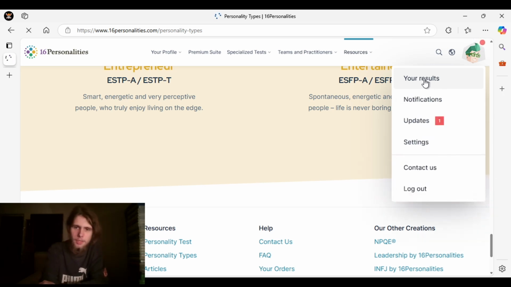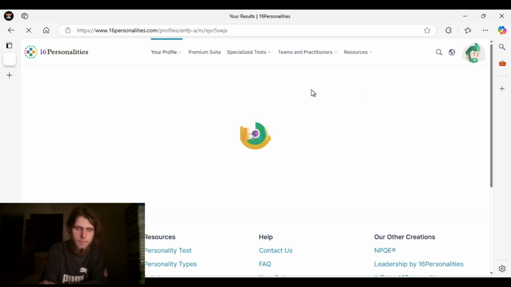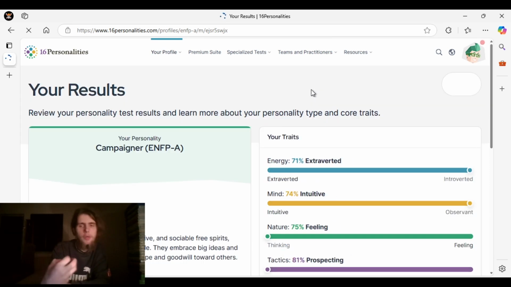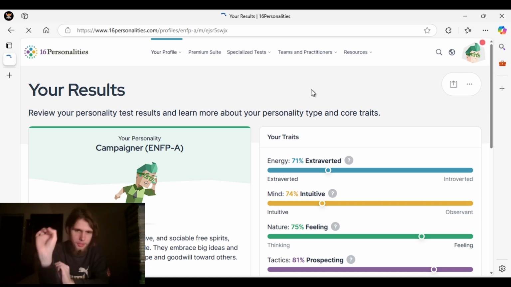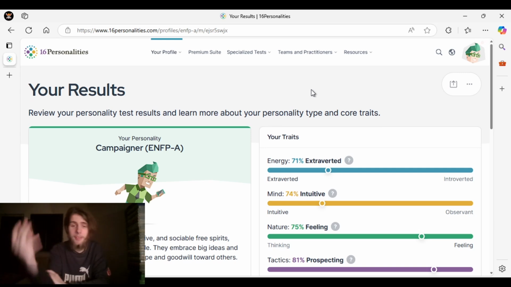In order to know what type you are, you need to take a test. I've taken it 3 times. I didn't save the one on here, and I didn't save the second one either, so that's one thing.